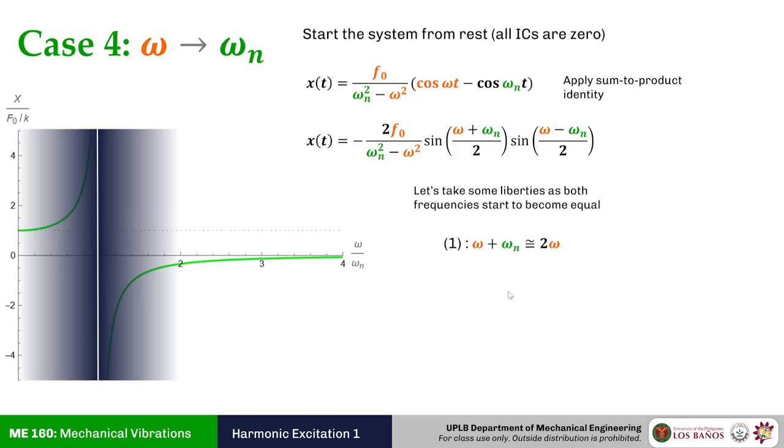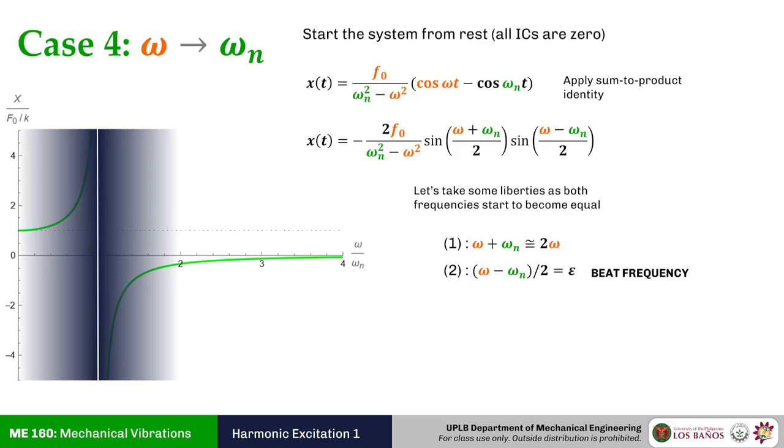First and foremost, if we add up the forcing frequency and the natural frequency, we can assume that it's just twice the forcing frequency. And the second assumption, if we subtract the natural frequency from the forcing frequency and then take half of that difference, we get some new term called epsilon. It's called the beat frequency. All right. So we'll call epsilon the beat frequency.